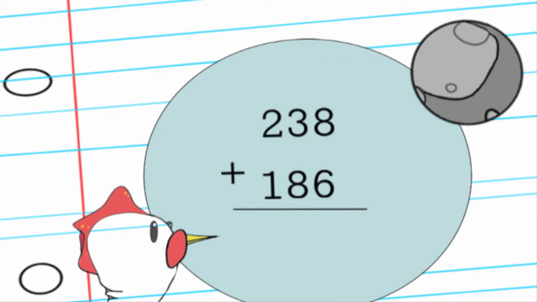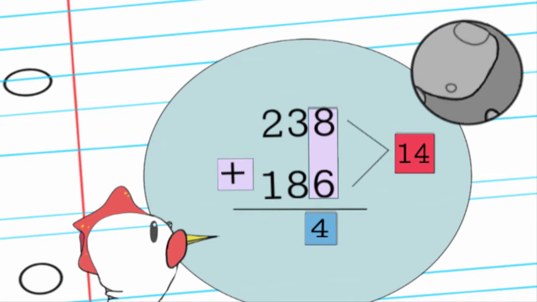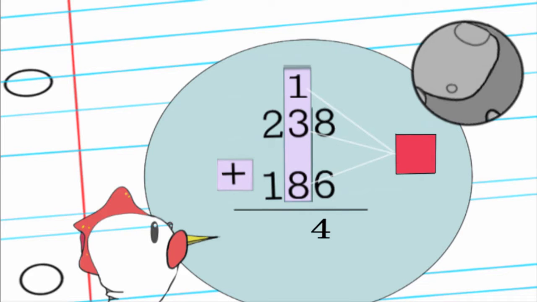We'll start this problem using the exact same procedure that we did before. So we'll take the 8 and 6 from the ones place and we'll add them together, and that'll give us 14. And I'll take that 4 and drop it down in the ones place. The 1 from the 14 will go into the tens place where I can add 1, 3, and 8 to get a 12.